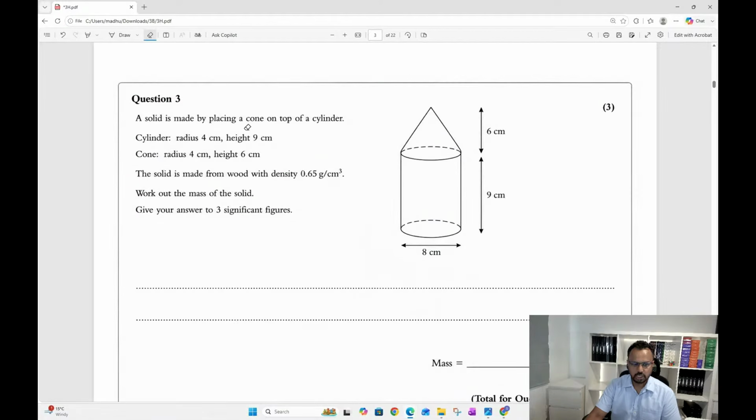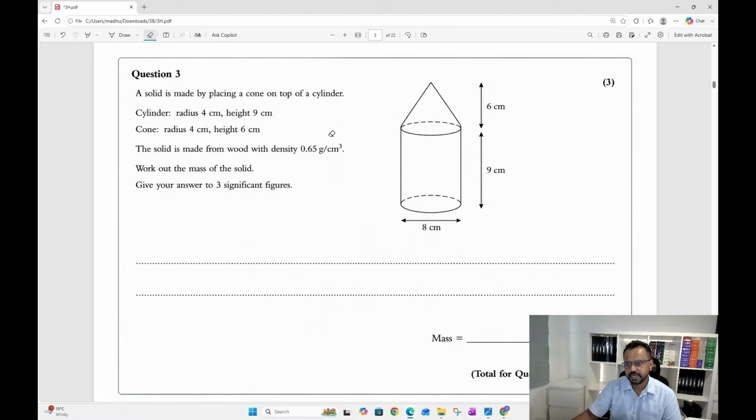Here's the next question, everyone. Now this question is about density and also volume. Right. Let's do this one, everybody. Same question can be done in multiple different ways sometimes, and anything is fine as long as you are doing it the correct way.